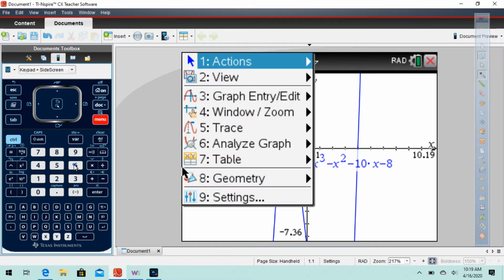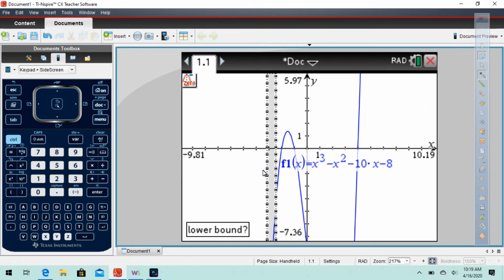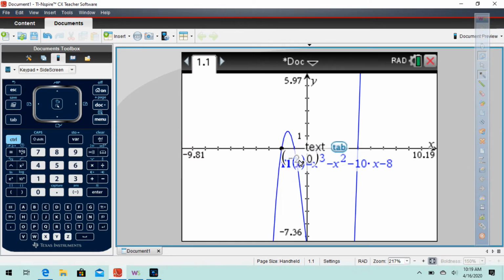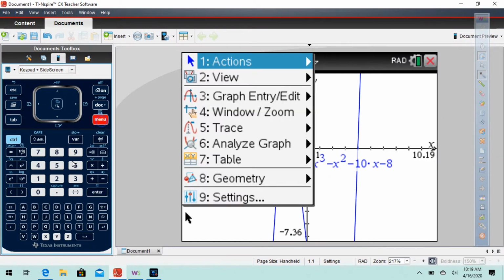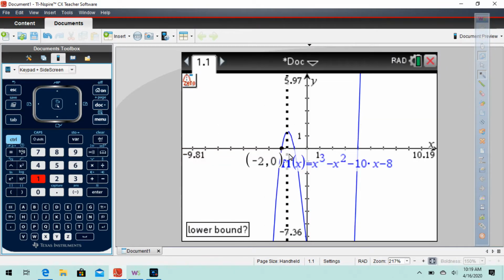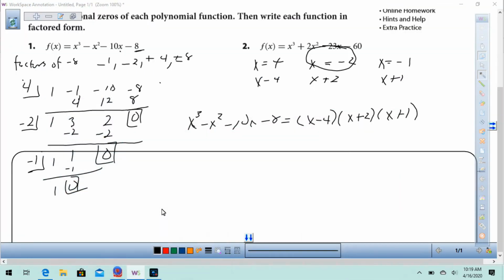That crosses at -2, right? We have that right there. Where else does it cross? It crosses here at -1. We got that right there.